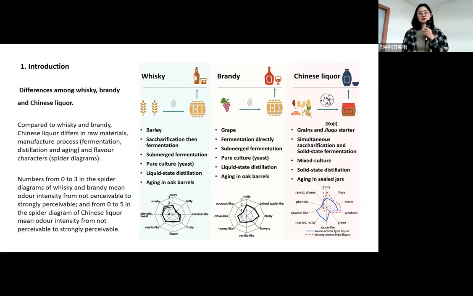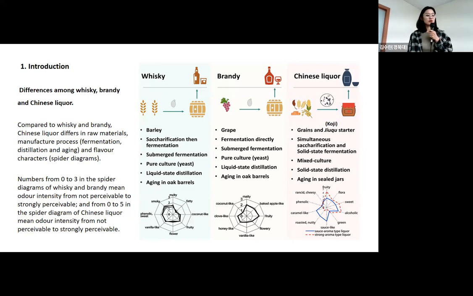The raw materials of Chinese liqueur are grains and starter. The way of fermentation is simultaneous saccharification and solid state fermentation, using mixed culture starter and solid state distillation and aging in jars.